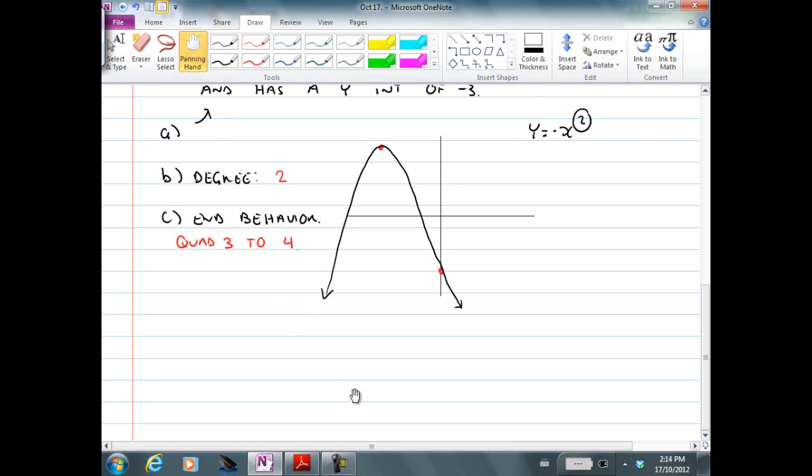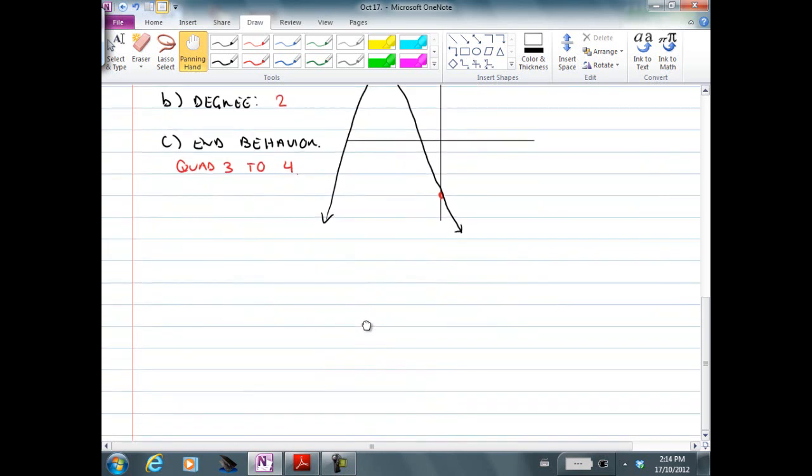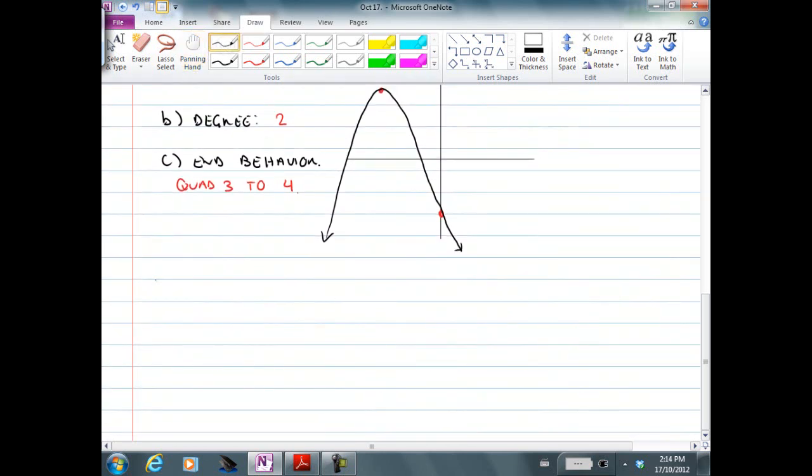Next one. Try this one. You're going to draw it out and tell me all the good things about it. I have x-intercepts of 6, -4, and -1.